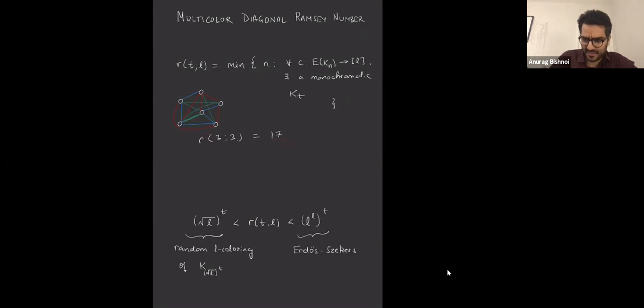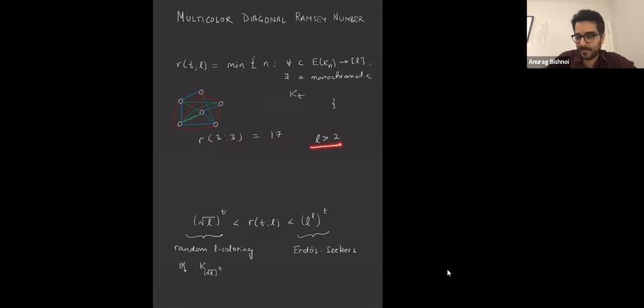And this is in fact the only known multicolor diagonal Ramsey number, which is known exactly for L greater than 2. For 2 colors, we saw some small examples as well. And really, this is the main thing we will focus on, more than 2 colors.